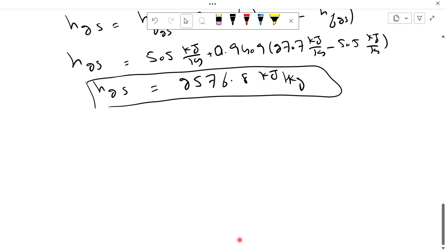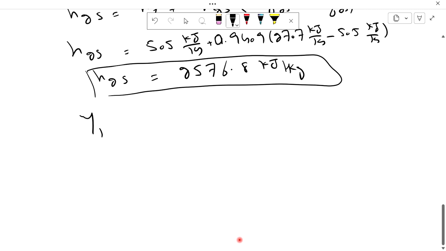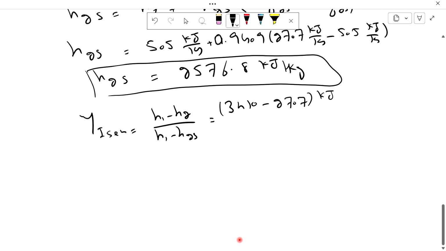Now find the isentropic efficiency. So isentropic efficiency is equal to (H1 minus H2) divided by (H1 minus H2S). H1 is equal to 3410 minus 2707 kilojoule per kg, and H1 minus H2S is equal to 3410 minus 2576.6 kilojoule per kg.